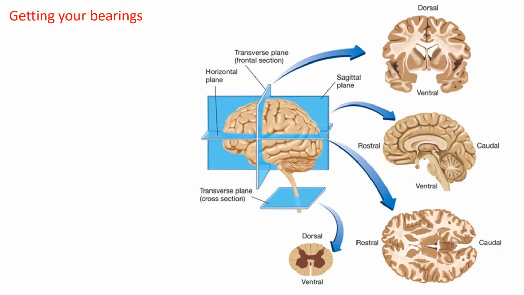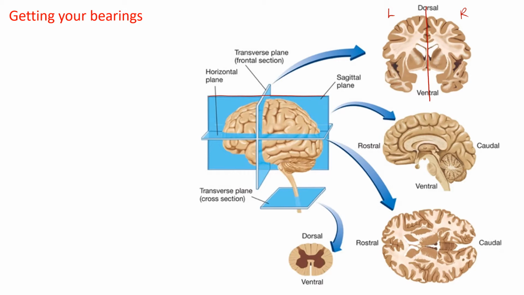Okay, so for example, if you have three basic planes, you have your sagittal plane. So basically your sagittal plane, you're cutting the brain into your left and right hemispheres or parts.